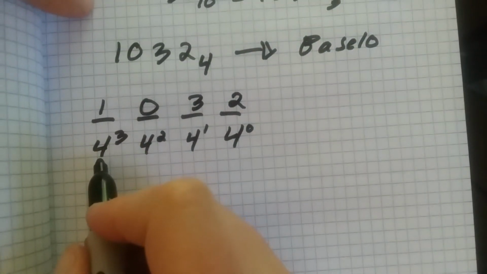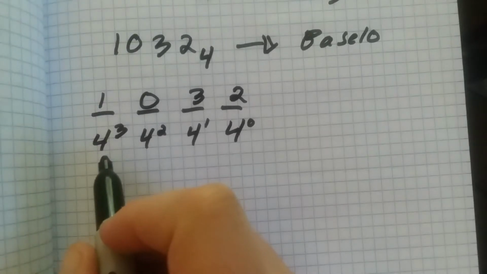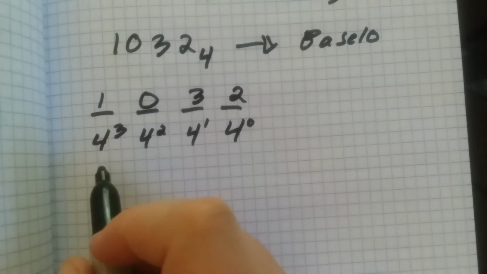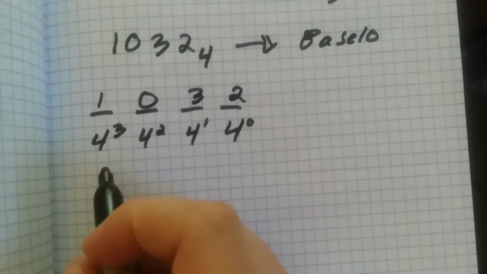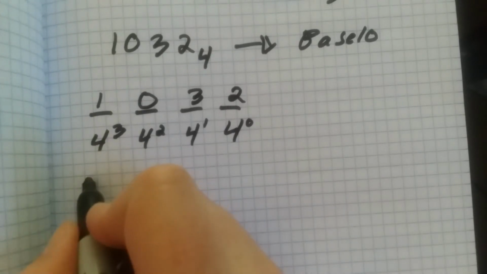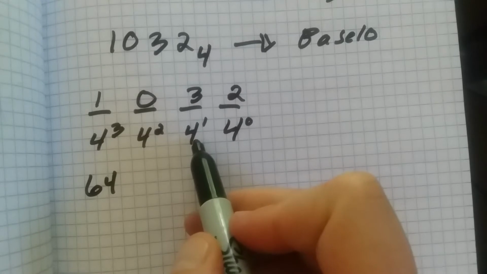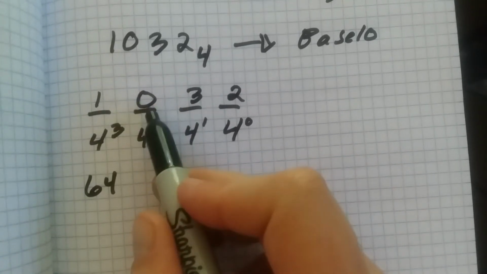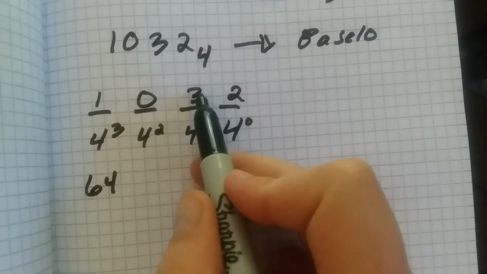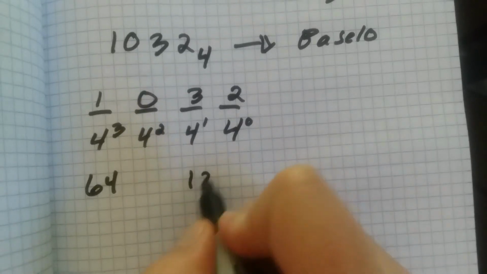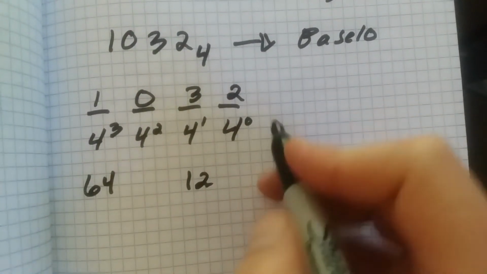4 to the 3rd power. I had to pick a big number, didn't I? 4 times 4 is 16, and 4 times 16 is 64. We don't have any 16s. We have 3 4s, which is 12, and 2 1s.